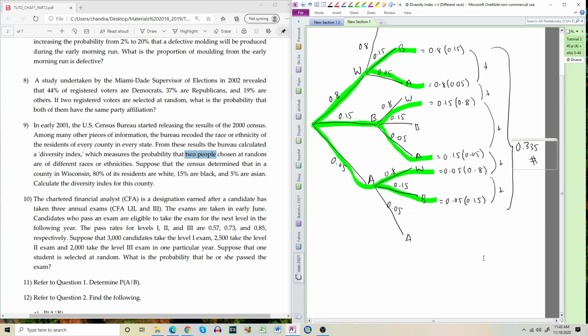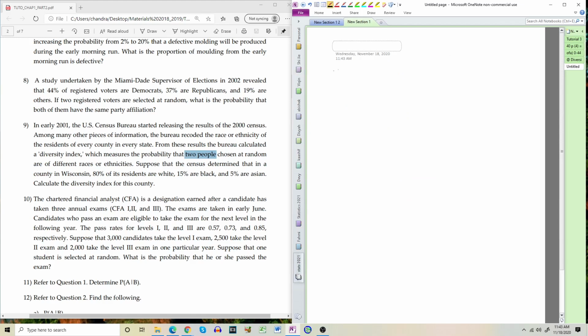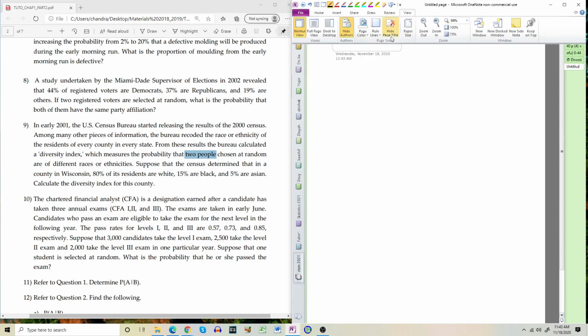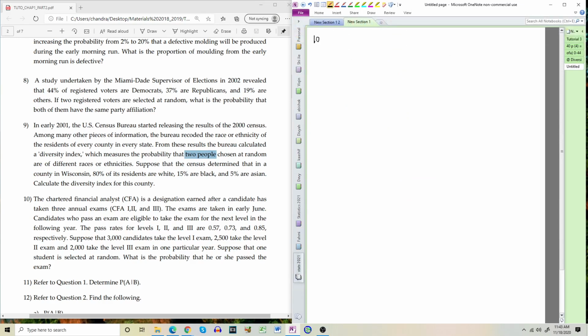It's quite complicated. Please have a read. Number 10.